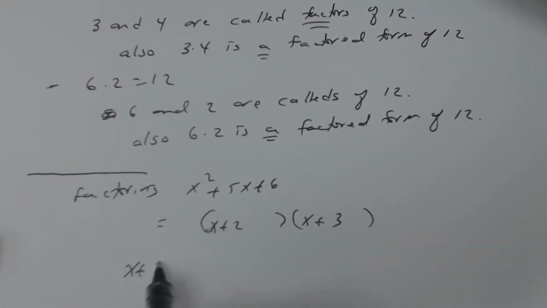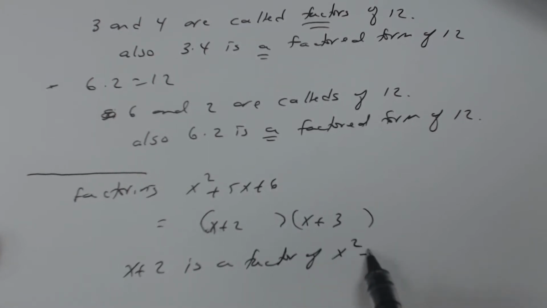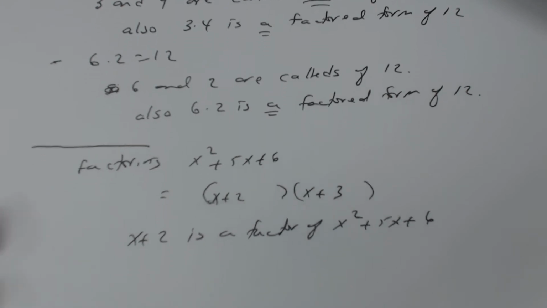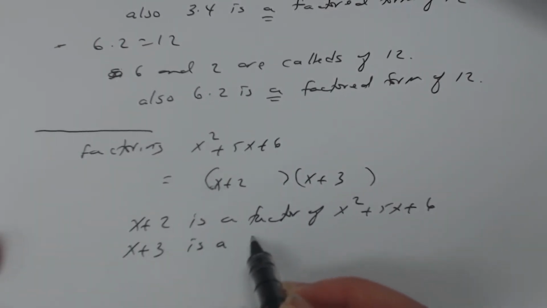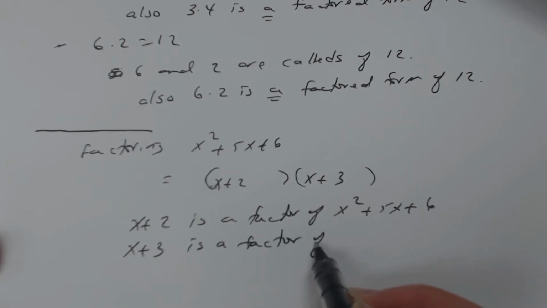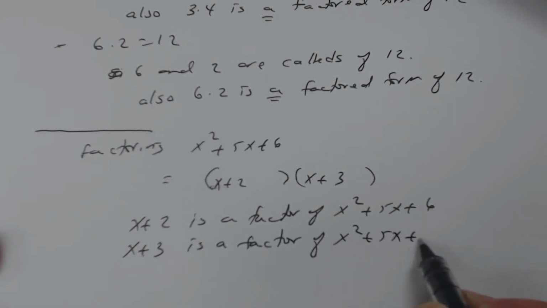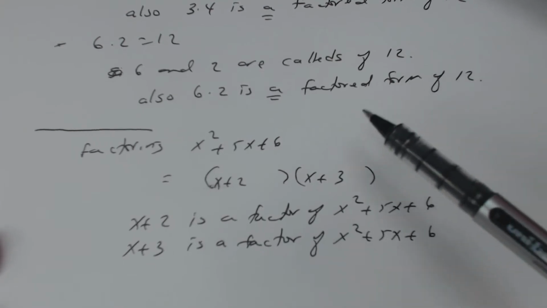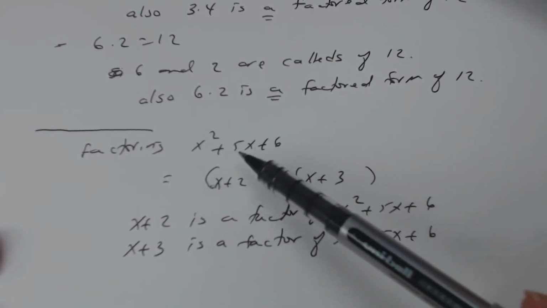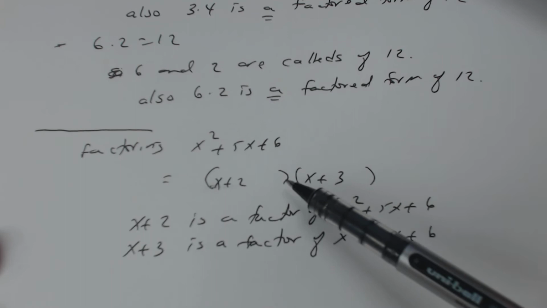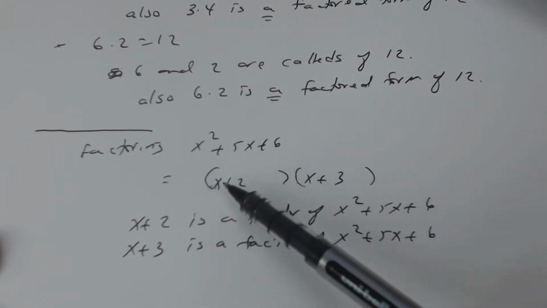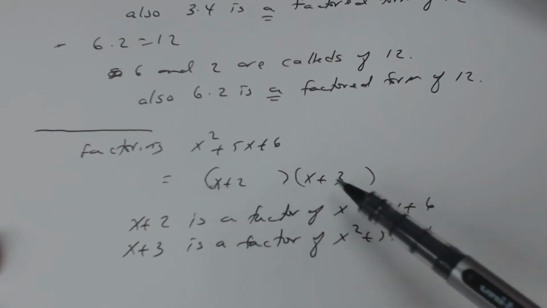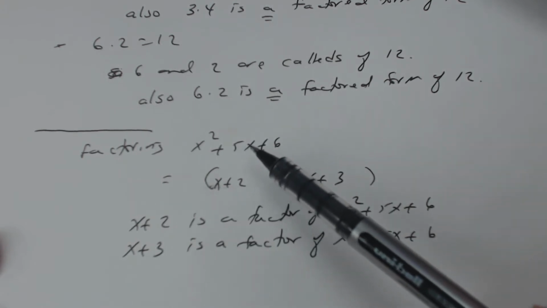So x plus 2 is a factor of x squared plus 5x plus 6, and so is x plus 3. So the idea of factoring polynomials is to find factors whose product is the polynomial.